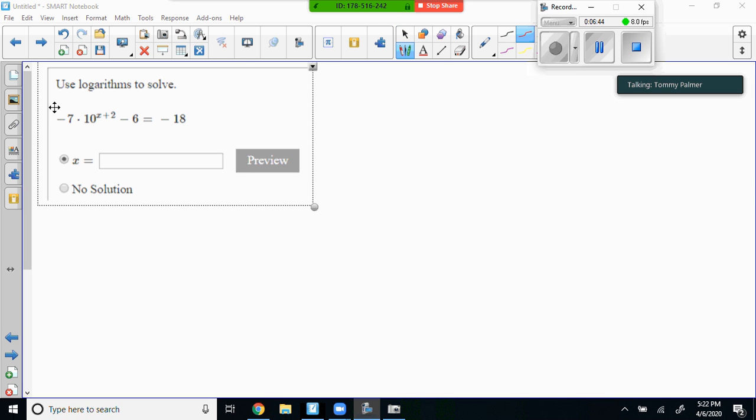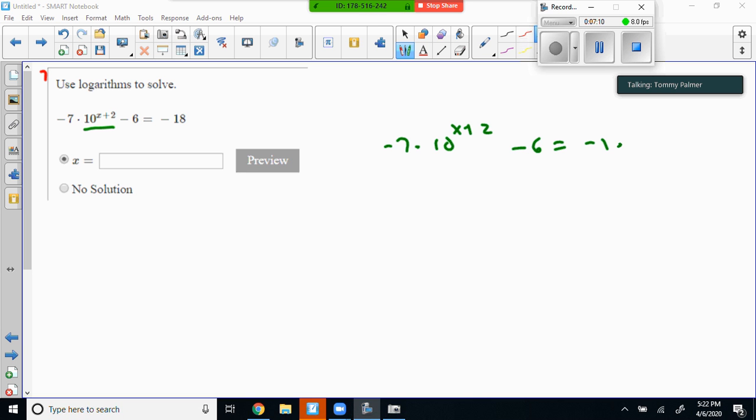This is number 7. First things first. We're going to use logs to solve this. So we need to get everything over to the right hand side except for what's being raised to a power. The first thing we do is negative 7 times 10 to the x plus 2 minus 6 equals negative 18. I'm going to add 6 to both sides.